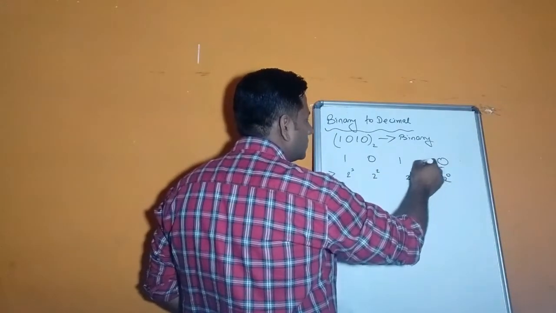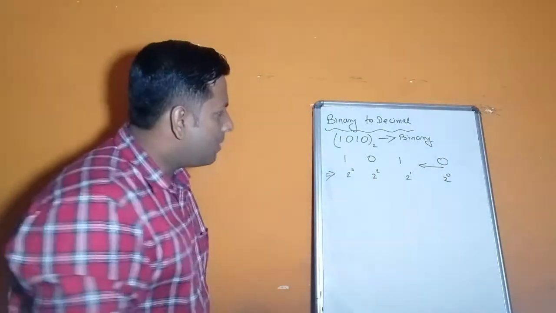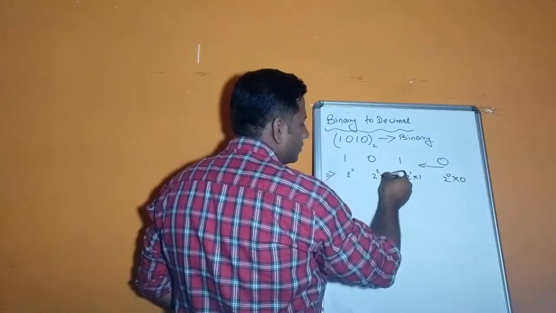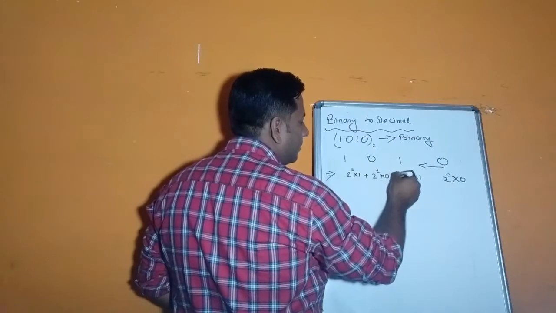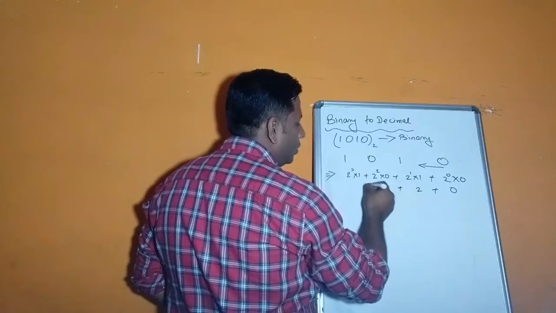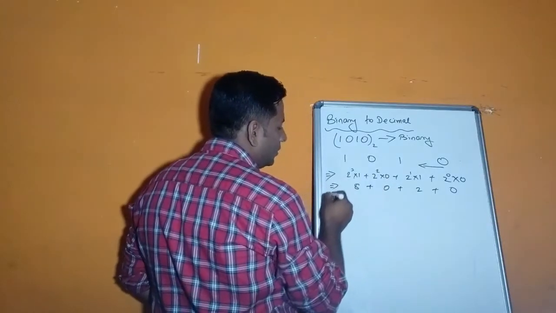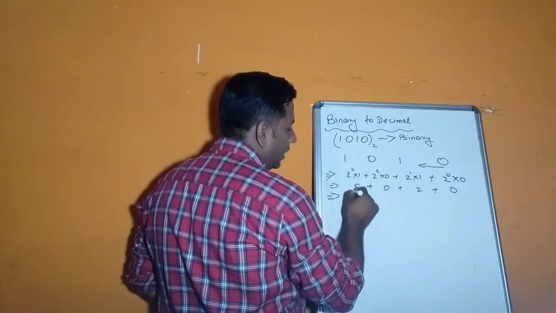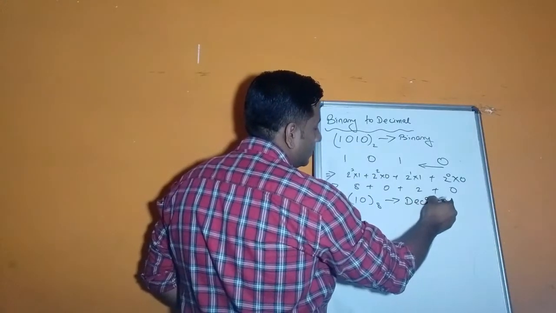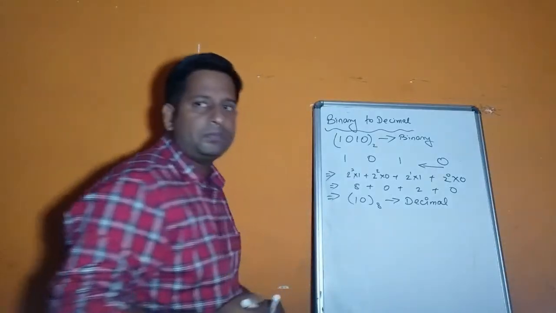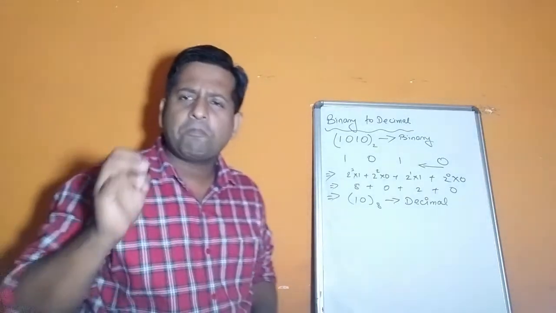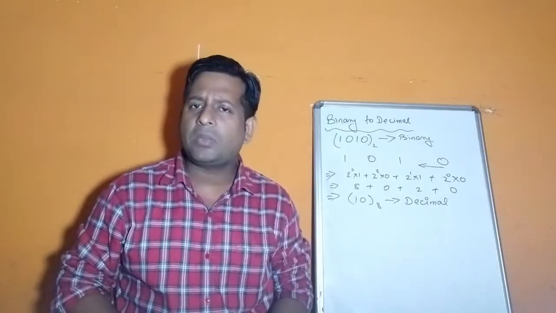Multiply with the numbers above, then sum up. This is 0, this is 2, 0, 8. So the final answer is 10. This is the decimal part. So children, this is the way we can convert any binary number into decimal form.